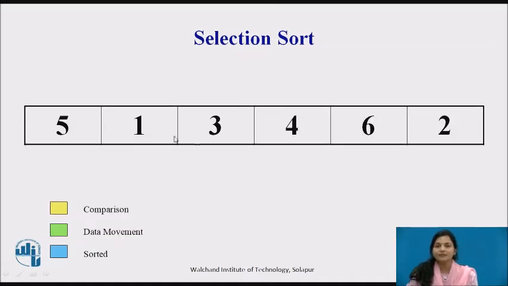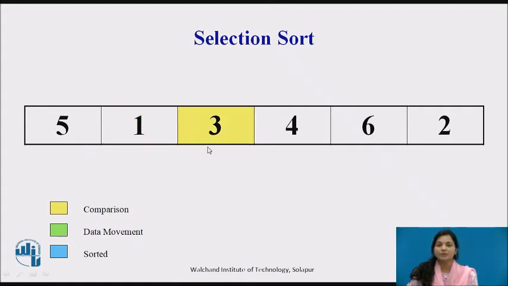Here we have an array which contains 5, 1, 3, 4, 6, 2. First I will start the comparison with 5. I will consider this value as the largest. Then it will be compared with 1, so 5 is still the largest.